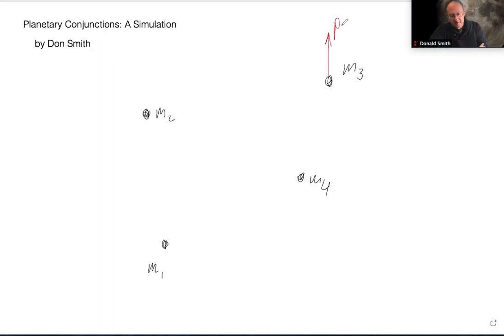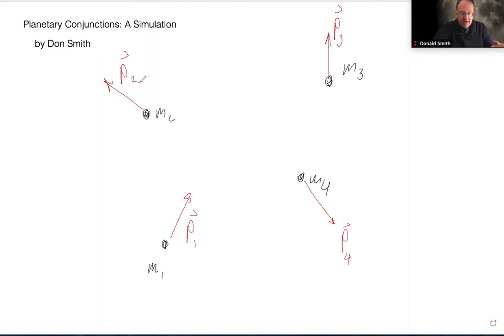Momentum is traditionally written with a P, I guess because M is taken with mass. But let's start each of these off with a momentum. The little arrow above it indicates that it has a direction. So maybe that's P1, and I don't know, let's have P2 going that way.